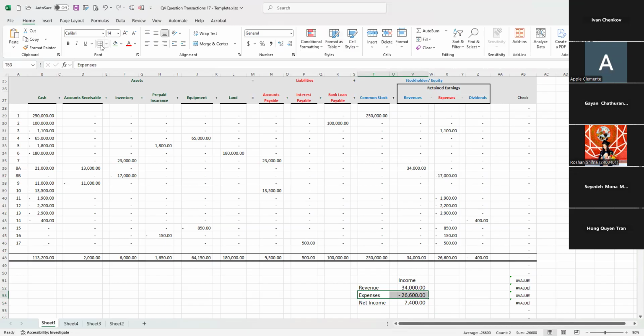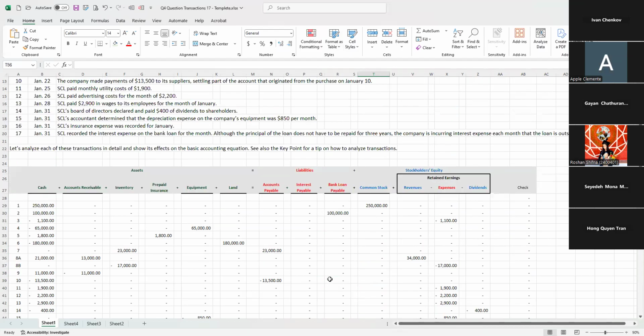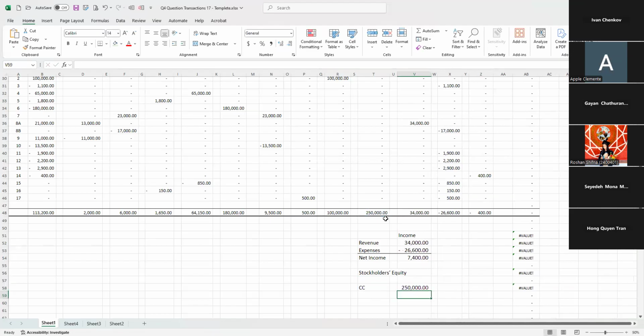So once I get my income, can I calculate my shareholders' equity? Yes. How much will be the shareholders' equity? We're going to have common shares or contributed capital, and he contributed 250,000, correct?